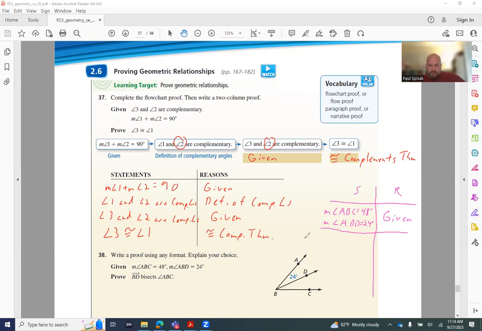So I'm going to say the measure of angle, I'm going to do the big angle, ABC is equal to the measure of angle ABD plus measure angle DBC.